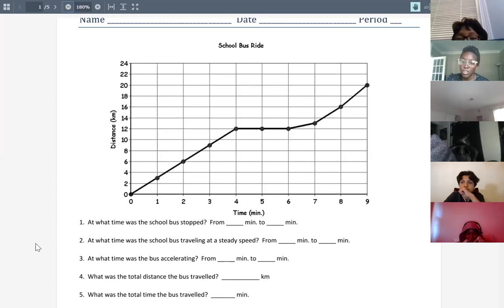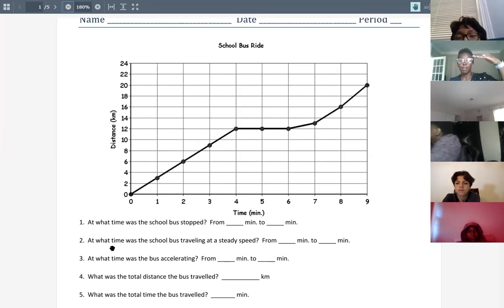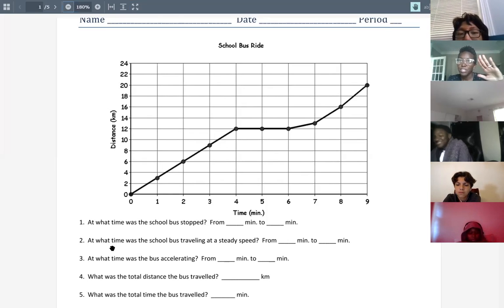So, steady speed? Well, what do you mean by steady speed? Steady speed means I'm moving, but I'm not slowing down and speeding up. I'm driving down the road, my foot is on the gas pedal and I'm not coming off the gas or pressing the gas any harder.